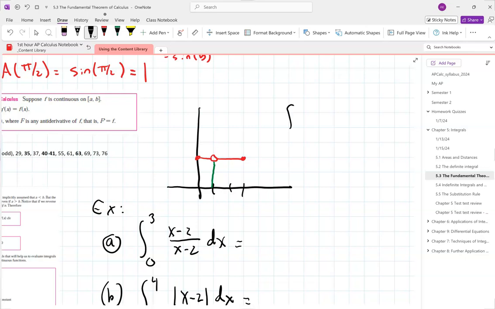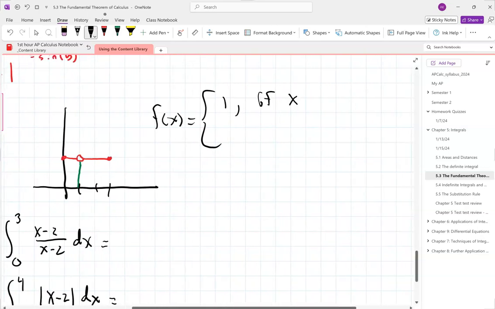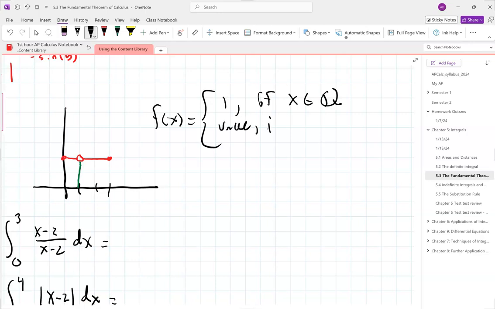The textbook cooked one up where they said, f of x is 1 if x is a rational number, and undefined if x is irrational.